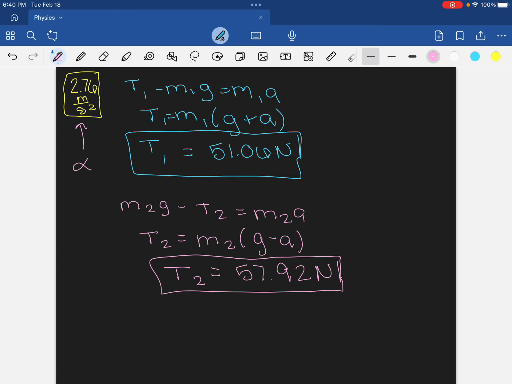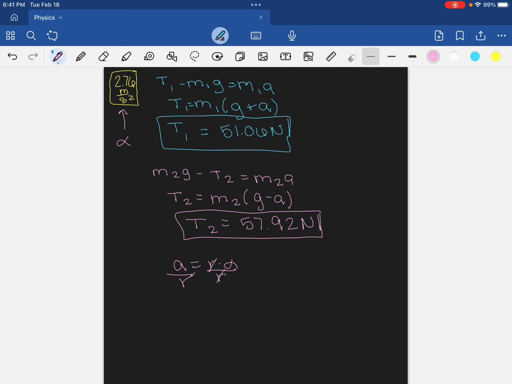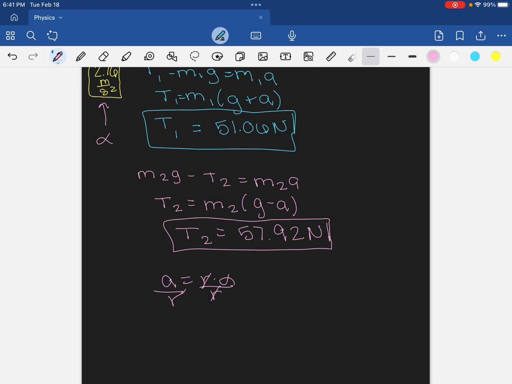So we could have converted that into our angular acceleration by dividing by r, and we would get our angular acceleration. The problem did not ask for that, but it is important to know that that is something we could be solving for. So that is all for this problem of solving for a massive pulley that has two masses.